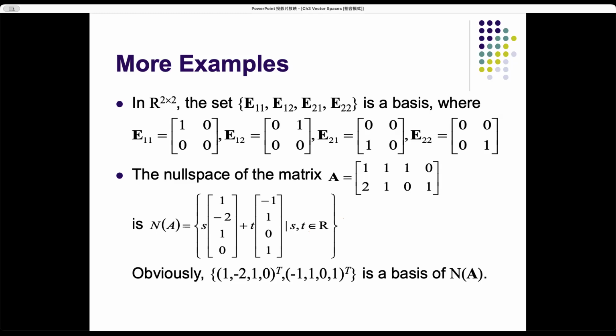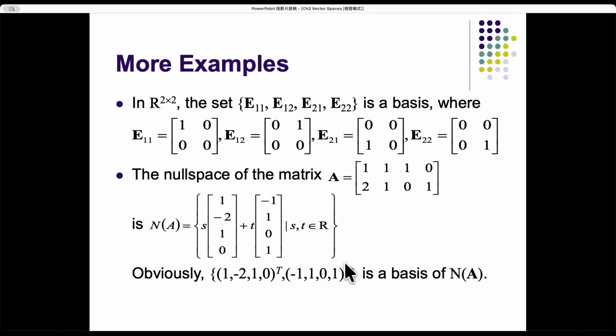The null space for this matrix is this one, right? And obviously, these two vectors span all the vectors in the null space, just by looking at the definition of the set.